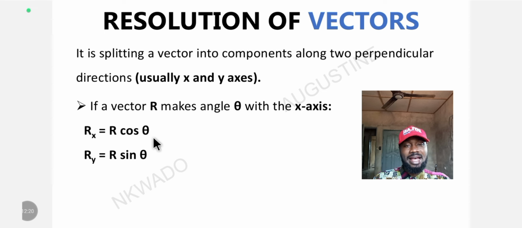Very easy. That's the formula. So you substitute R here, you put your angle here, then cos that angle times R. You get your answer. Same thing for the y-axis, but for the y-axis, sine theta is used.